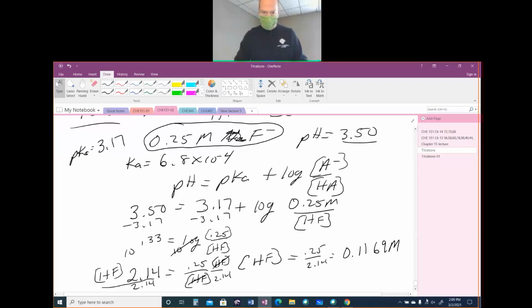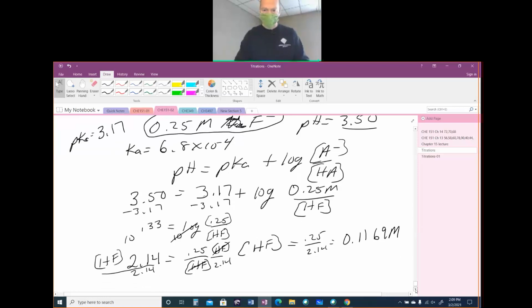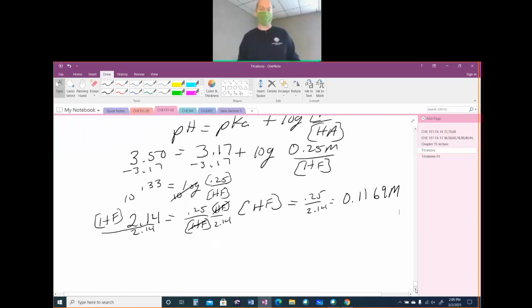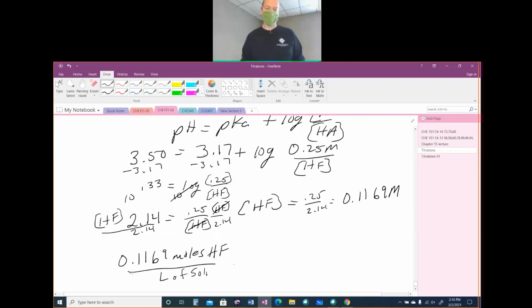All right, but it didn't say what molarity do we need. It said how many moles, and it also said that we have 250 milliliters. And so this is 0.1169 moles HF per liter of solution. That is your units for molarity. And it said that we had 250 mL, and so that is 0.250 liters of solution.